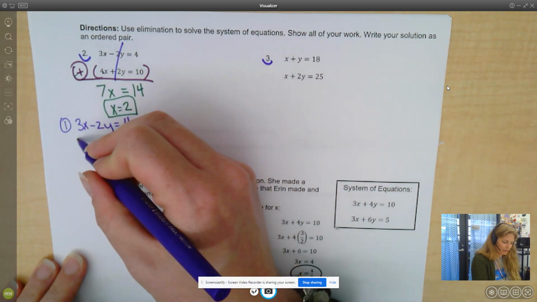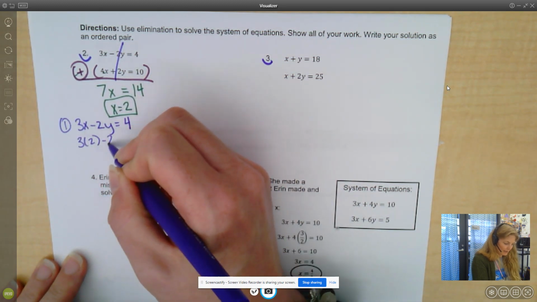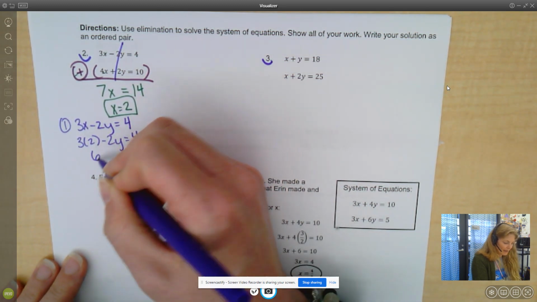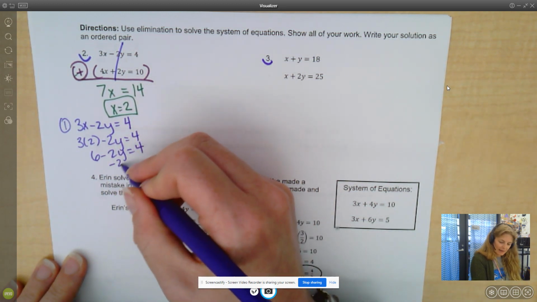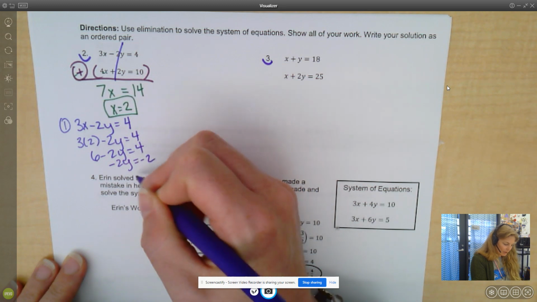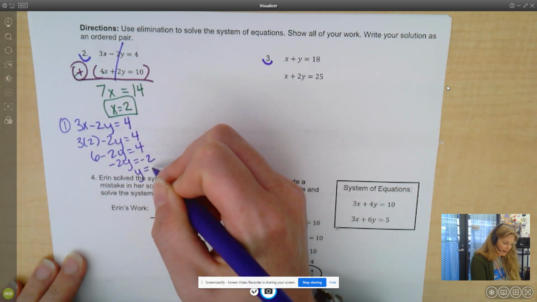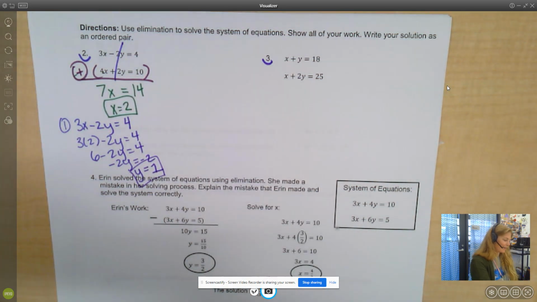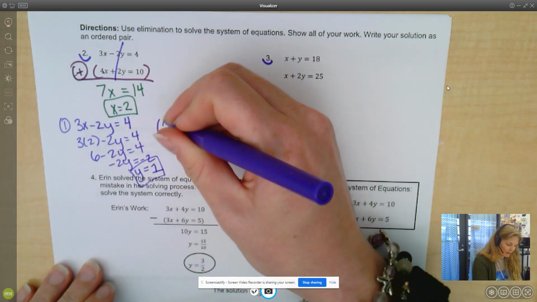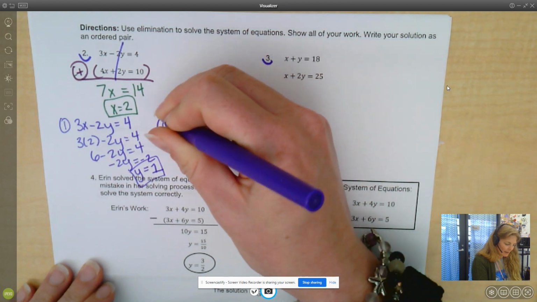I know x is 2, so 3 times 2 minus 2y is equal to 4. 6 minus 2y is equal to 4. Subtract 6 from both sides. Negative 2y is equal to negative 2, making y equal to 1. Putting that all together into my final answer here, (2, 1).